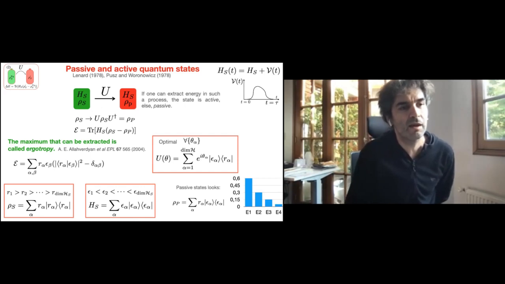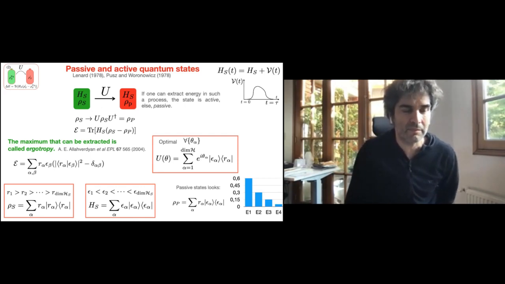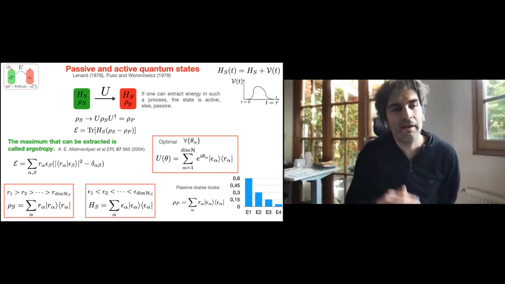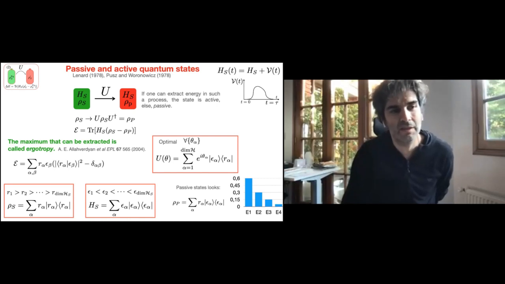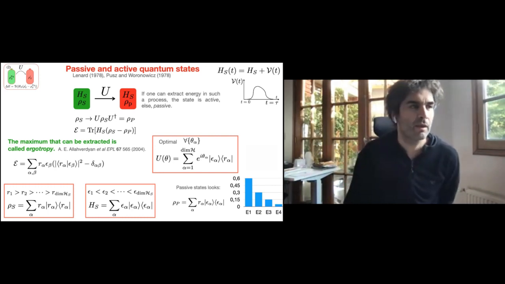These states are diagonal in the eigenenergy basis, and the higher the energy of the eigenvalue, the lower the population. So like the Gibbs state or any state in which the populations decrease, these are passive states.